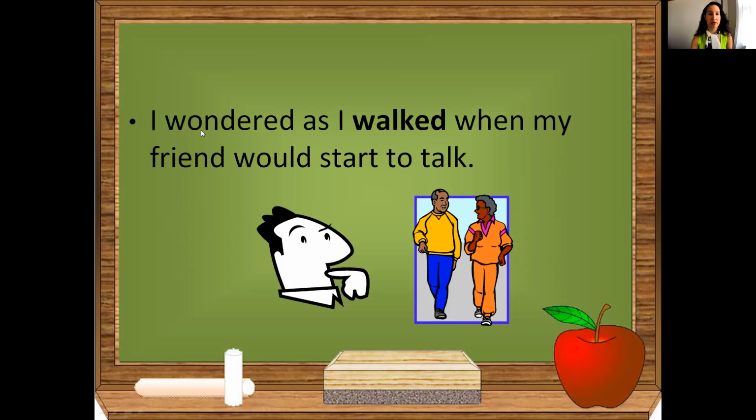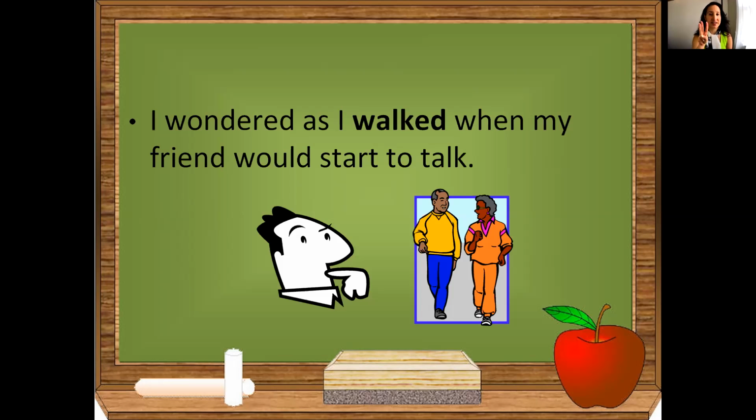This is not "wonder-ed", this is wondered. So you take out the E and it's just a D sound, wondered. As I walked, now it's not "walk-ed", it's walked with a T, okay? Now everyone repeat. I wondered as I walked when my friend would start to talk. How'd you do? Don't worry, we have more practice, so you'll get it.